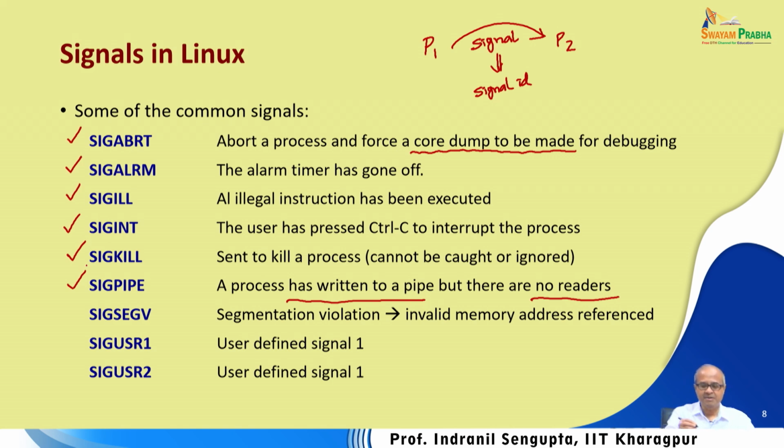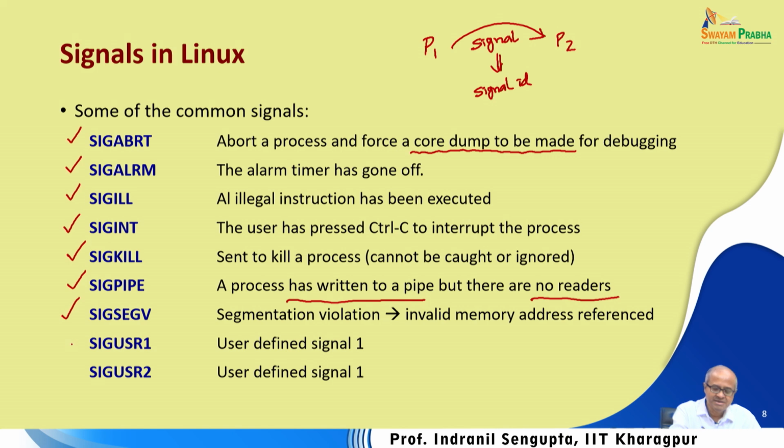If you try to do that, your process will generate a SIGSEGV, segmentation violation signal. Sometimes whenever you are running a program, there is some error and you get a message, segmentation fault. That is due to this SIGSEGV signal that was generated.